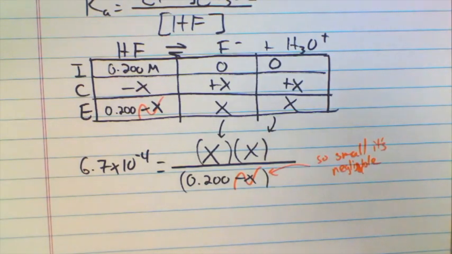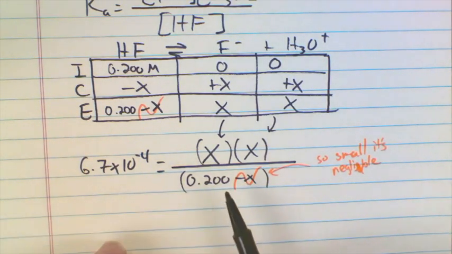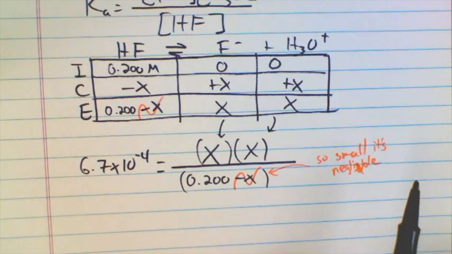Now, I'll tell you, you can do it with a quadratic. What you're going to find is that when you do the calculation, you compare it to this way. When you figure in sig figs, it's the same answer. So that's why we eliminate x. It's so small, it's insignificant. Yes? Yep. For these ones, yeah.